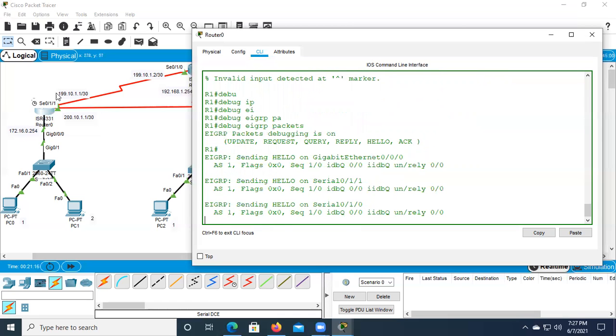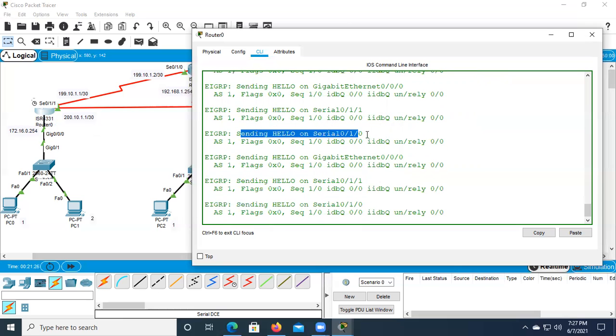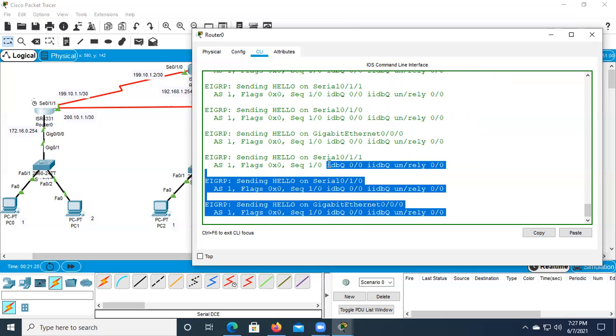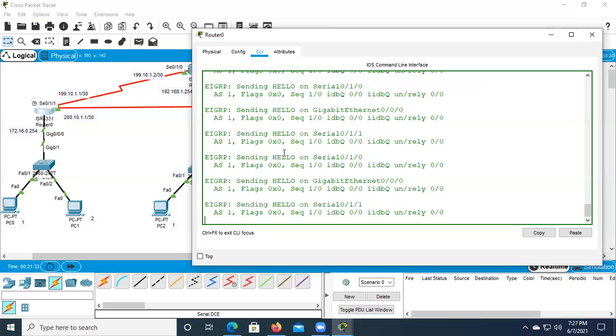Since you advertised the WAN and the LAN on these three interfaces, every 5 seconds EIGRP is going to send a hello message, sending hello. EIGRP sends hello by using the multicast address 224.0.0.10. Use the multicast address.